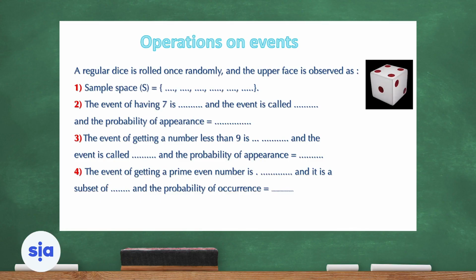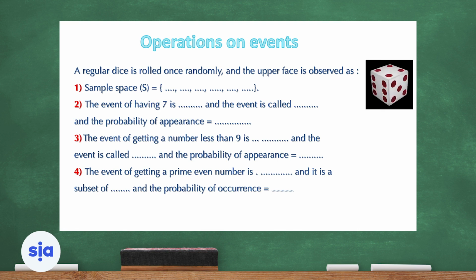Let's start. A regular dice is rolled once randomly, and the upper face is observed. What is the sample space? The question is asking us, what are the different options that I can have as an outcome? If we threw the dice, what are the possible outcomes?